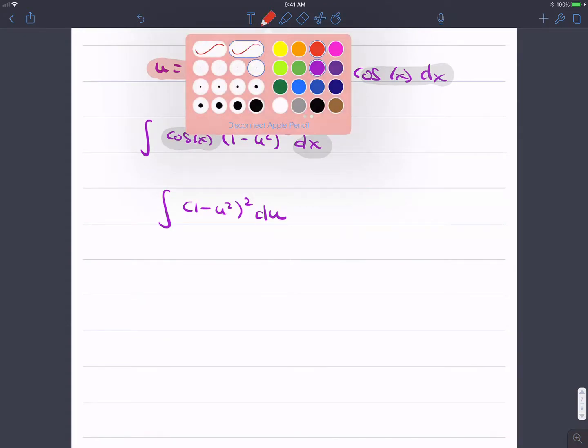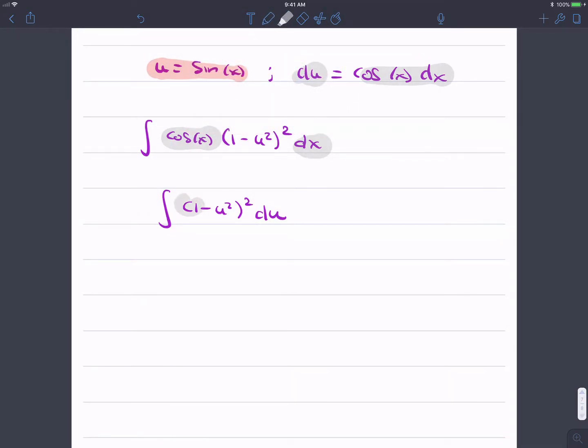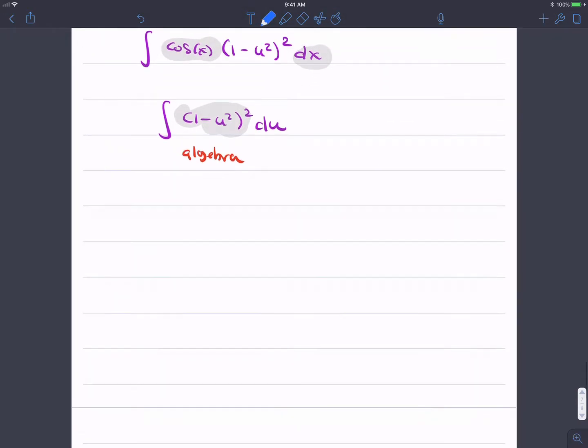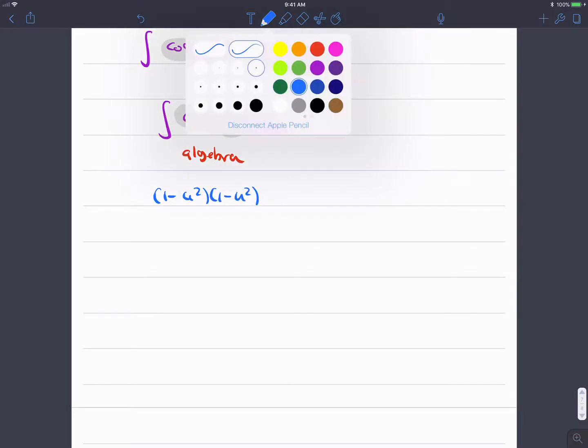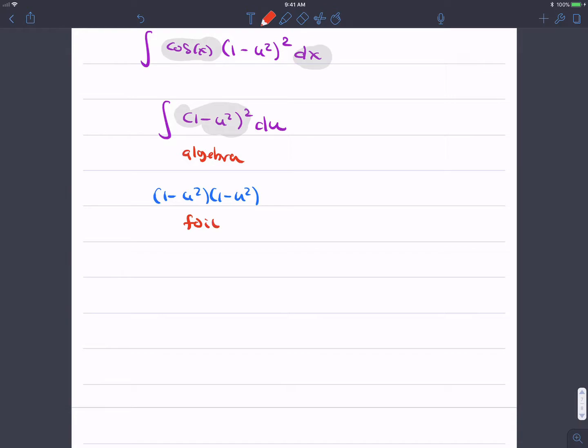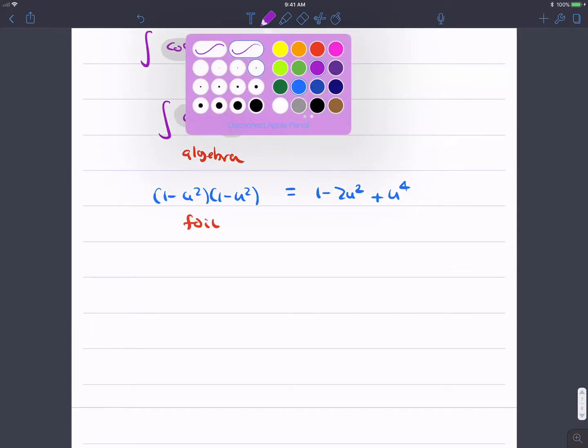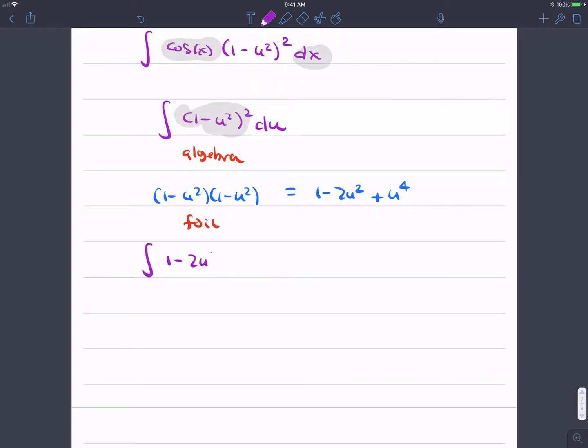This is where we're going to use some algebra. When we say algebra, what we really mean is we're going to use FOIL. By FOIL, we get 1 minus 2u squared plus u to the 4th. So this integral becomes the integral of 1 minus 2u squared plus u to the 4th du.